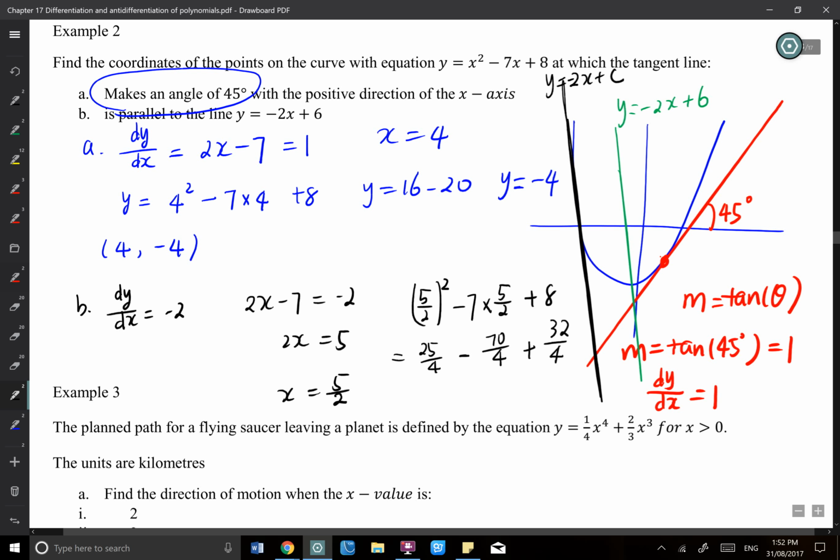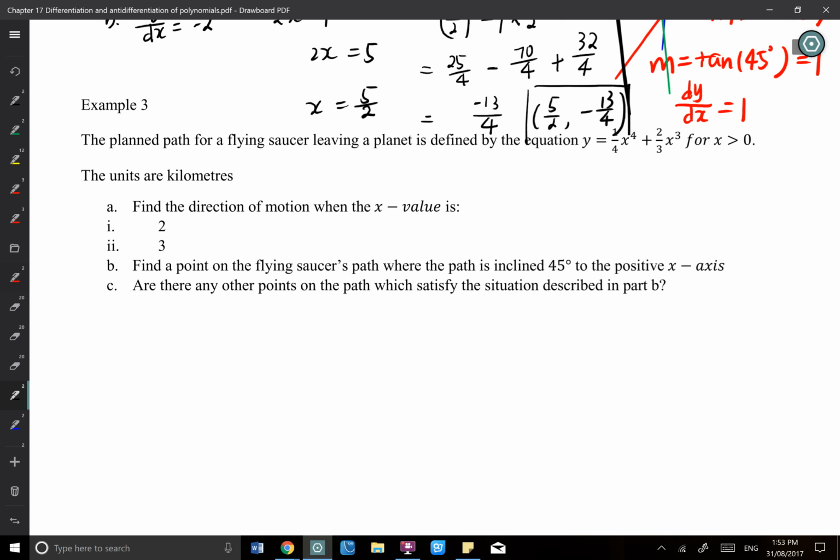So the y-value is minus 30 over 4, and the point is 5 over 2, minus 30 over 4. Okay, so that's the coordinates.